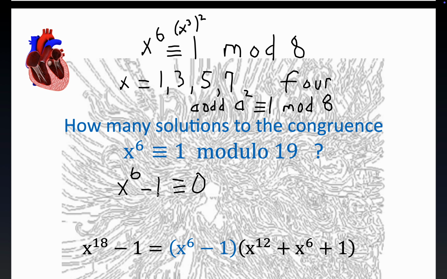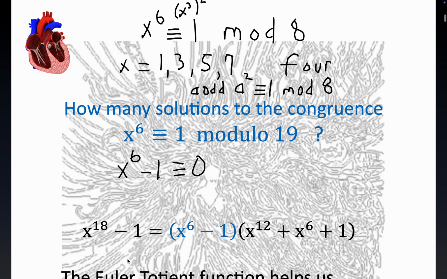Just like regular equality, when you're dealing with congruences, that's why congruences are so popular. For the most part, it functions and behaves and acts like equality. All right. So now this algebra is a telescoping sort of situation right down here. X to the 18th minus 1 has our object of interest, x to the 6 minus 1, as a factor.